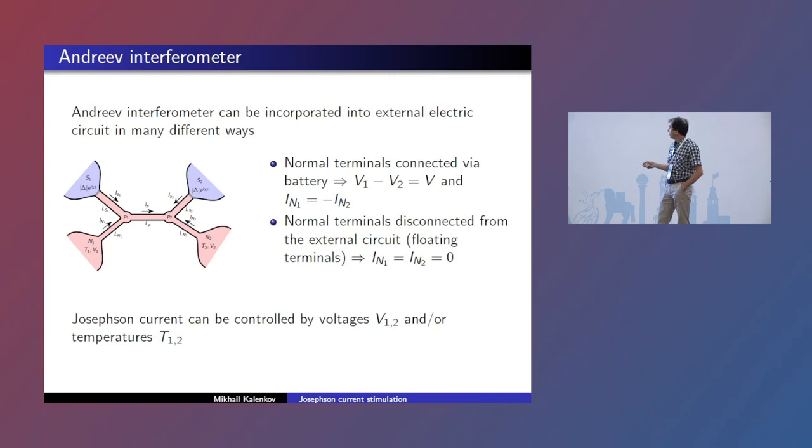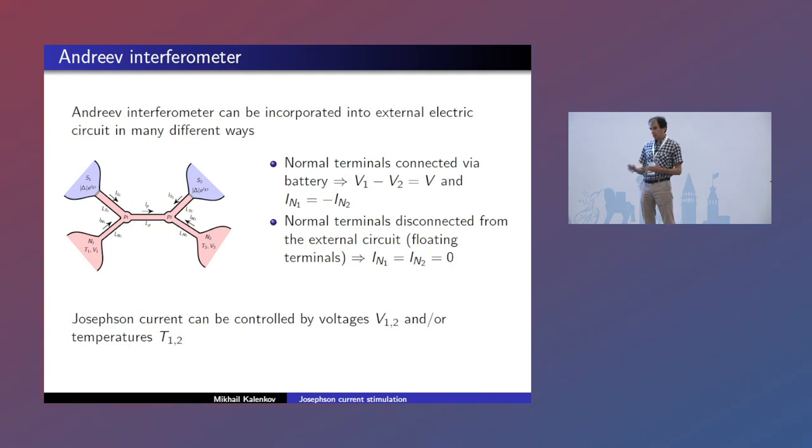For instance, we can connect two normal terminals via a battery. Then we get a restriction on the voltages: the difference of the voltages is just V, the battery voltage. And we have a restriction on the currents: the sum of the currents flowing into the normal terminals equals 0.